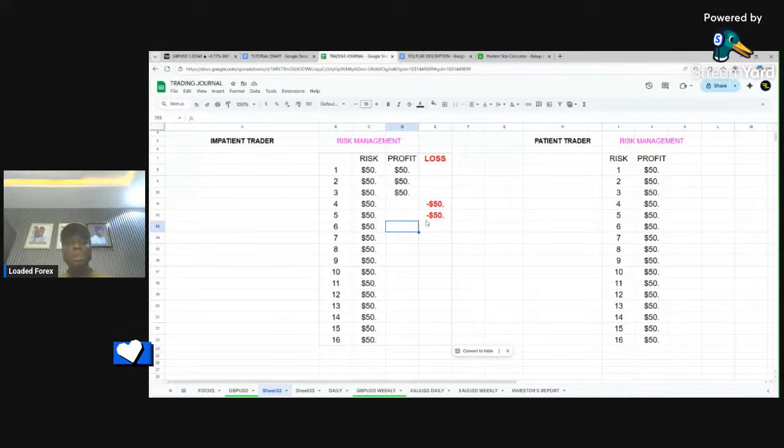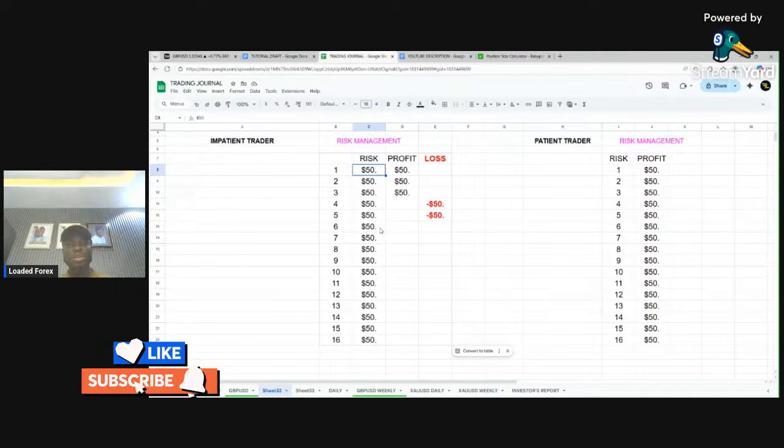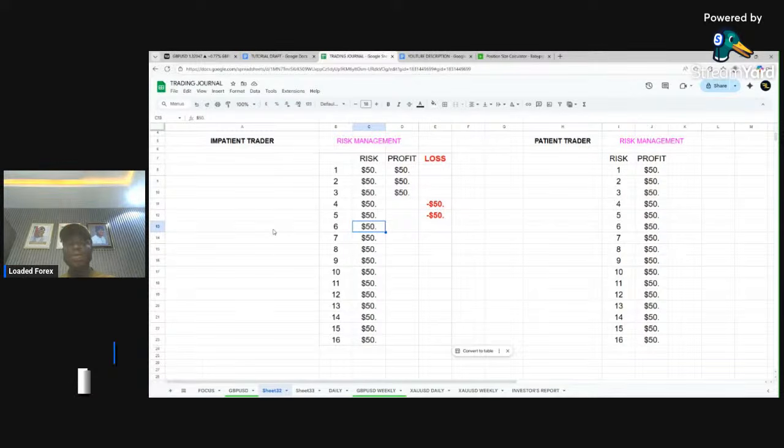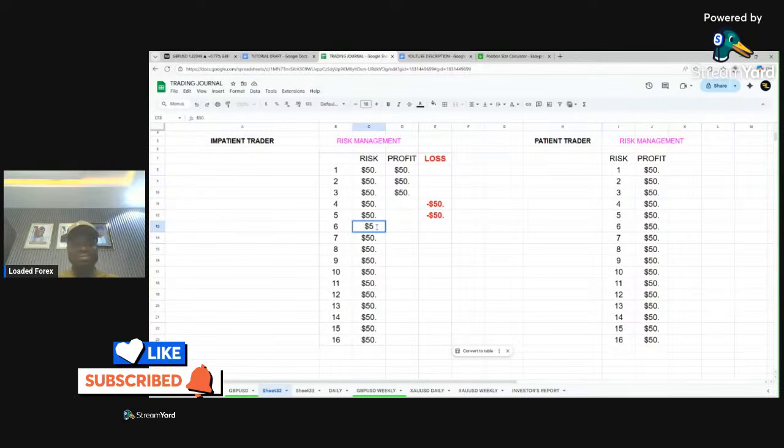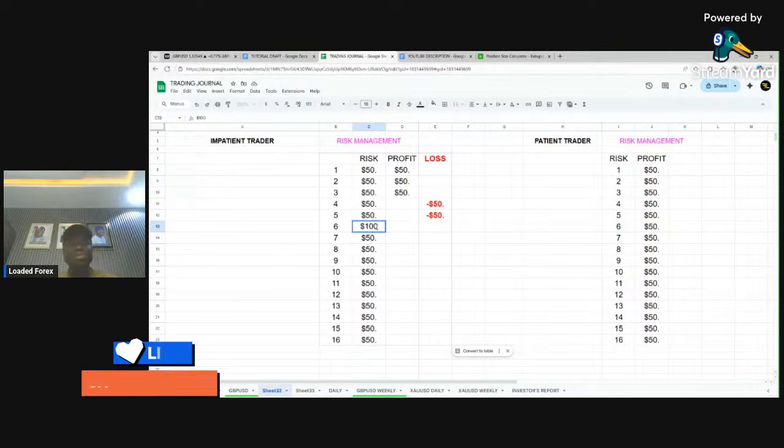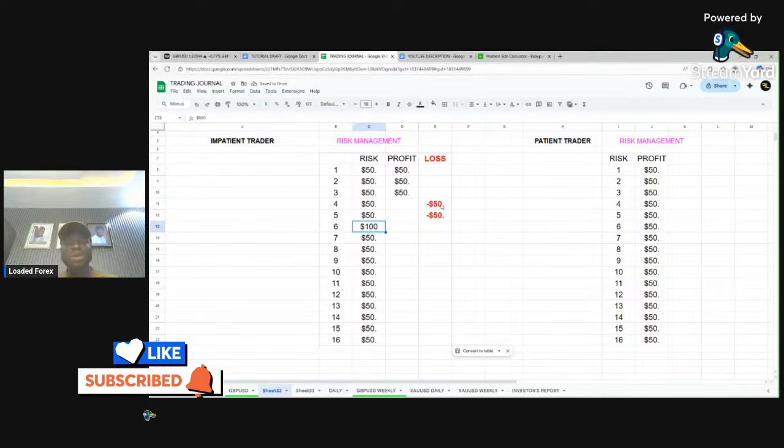Then what is going to happen? He will violate his trading plan, his rules. Instead of maintaining $50, he will increase his risk to $100 here, right? He will increase his risk to $100 just because he wants to recover the $100 loss.